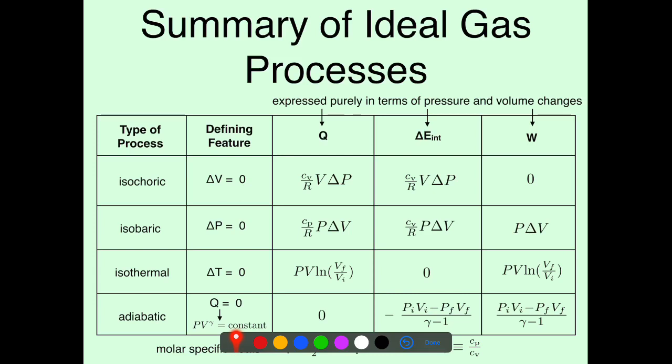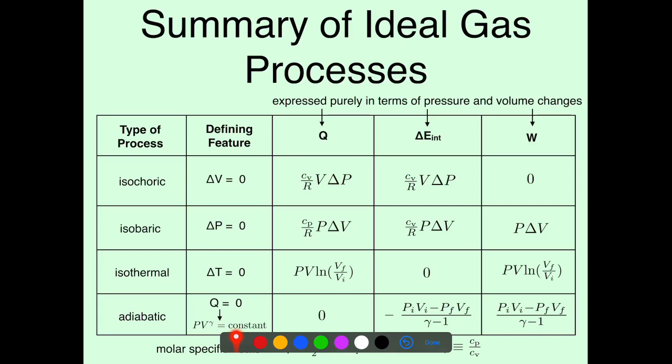Then we also look at Q, heat transfer, delta E internal, and work. For all of these, we've derived formulas for each one, for each of the processes, expressed purely in terms of pressure and volume.